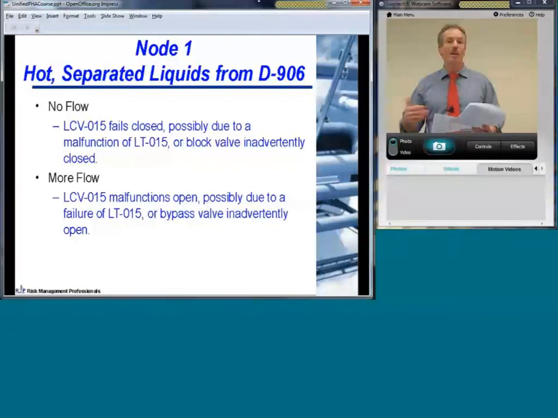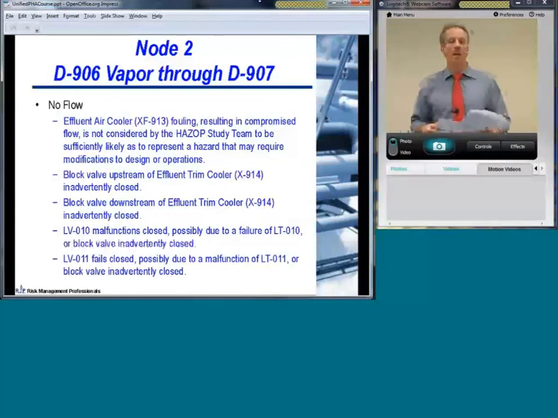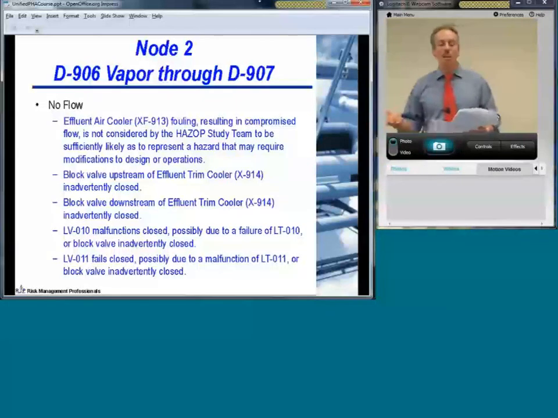By the way, we'll be emailing a copy of these results from our workshop to everybody who's participating here, in case you're trying to scribble these down quickly. It's the effluent air cooler fouling, the block valve upstream of the trim cooler closed, the block valve downstream closed, LV10 malfunction closed, or LV11 failing closed.